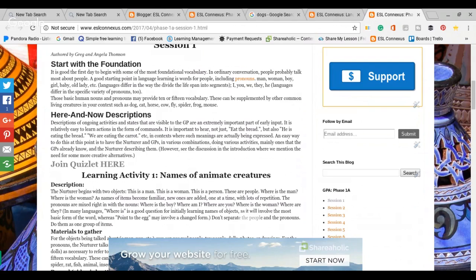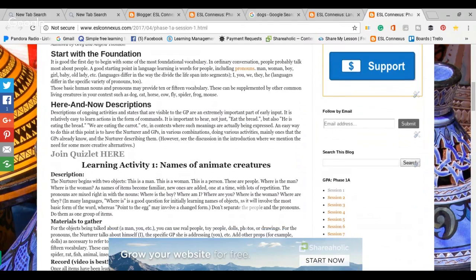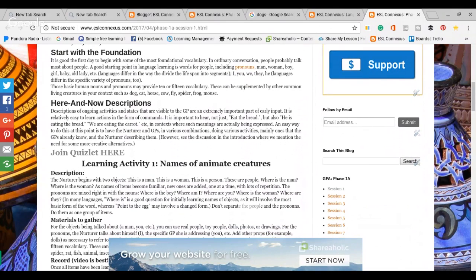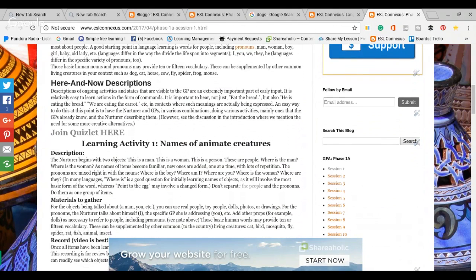And the idea here would be to learn those basic human nouns and pronouns and provide 10 to 15 new vocabulary in doing that. These can be supplemented by other common living creatures in your context, such as dog, cat, horse, cow, fly, spider, frog, or mouse.